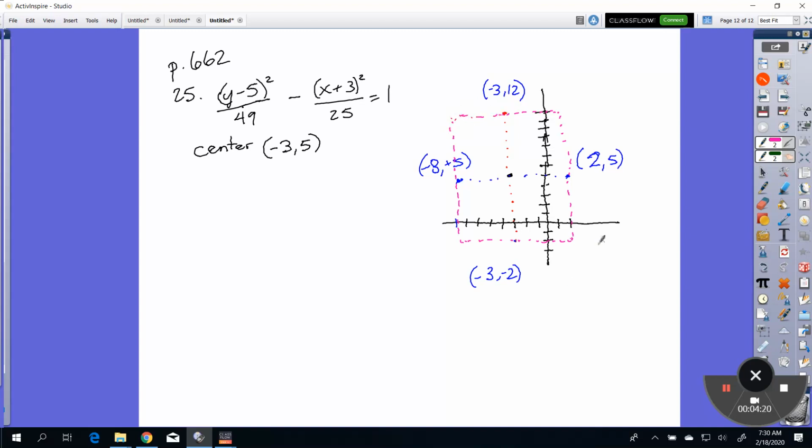And we draw our diagonal lines on that. We connect our vertices. And then look at your notes. If the y is positive, which way does it open? Up and down or side to side?